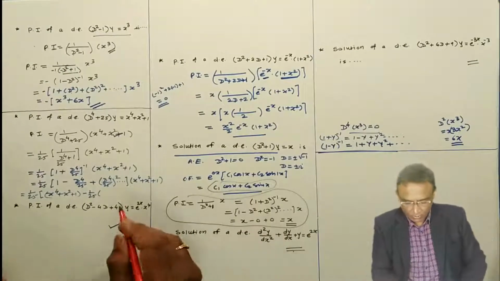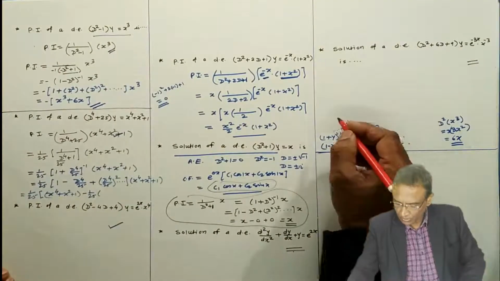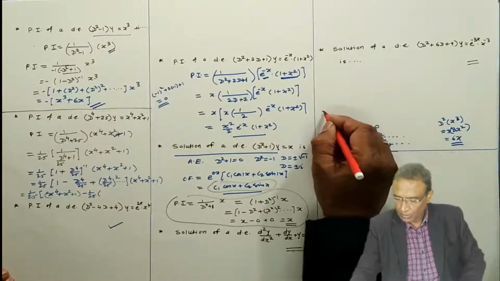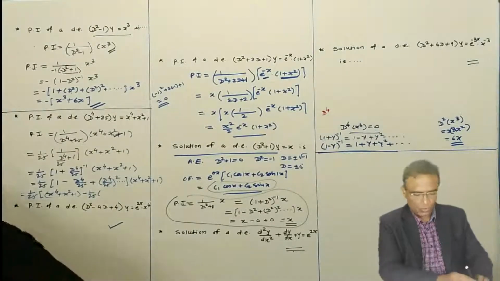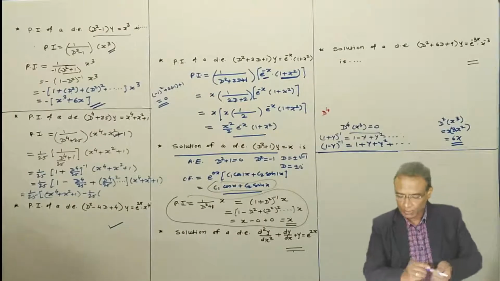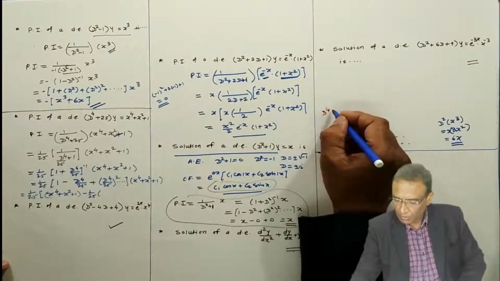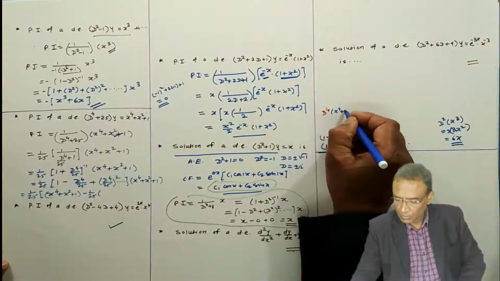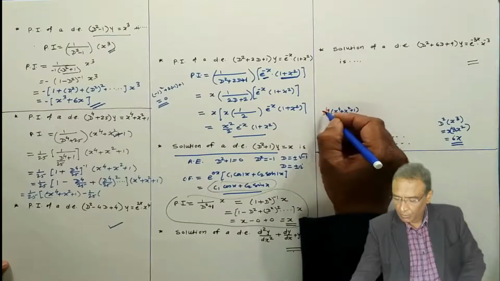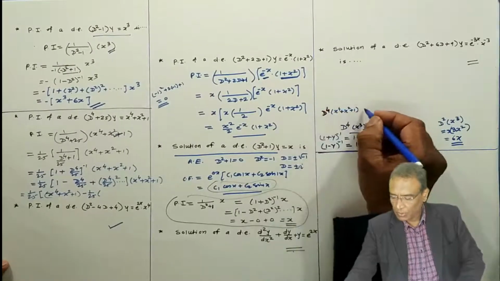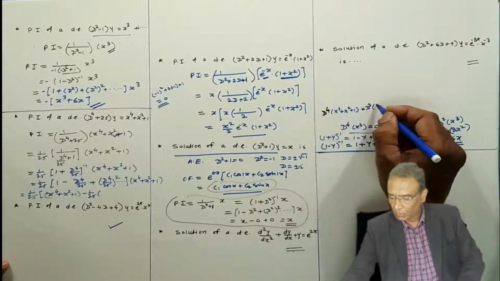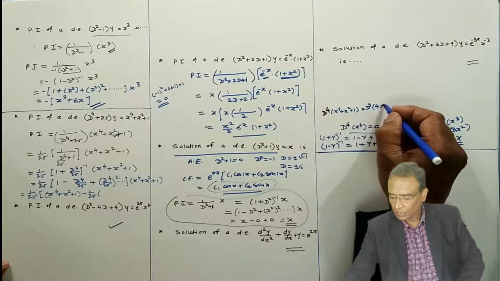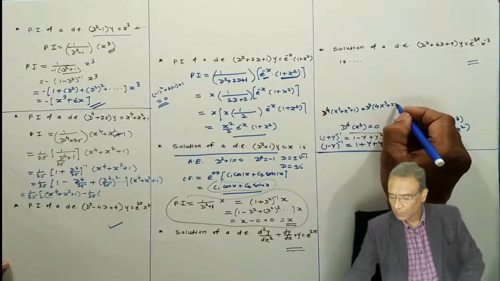Now the fourth derivative of x to the power 4 plus x square plus 1, I am going to find out separately. First derivative I am writing. First derivative is 4x cubed plus 2x.